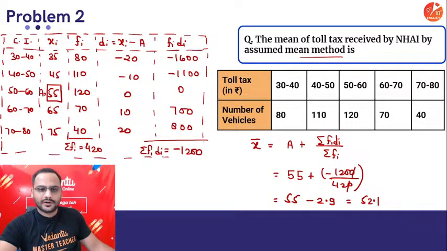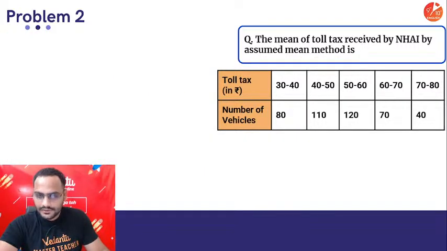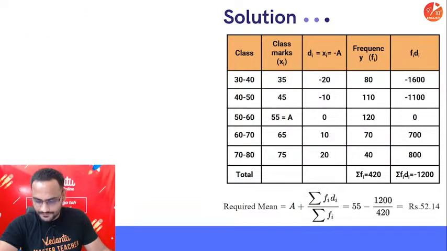Rest everything is pretty easy. Okay, clear guys? Done. So this is your assumed mean method.